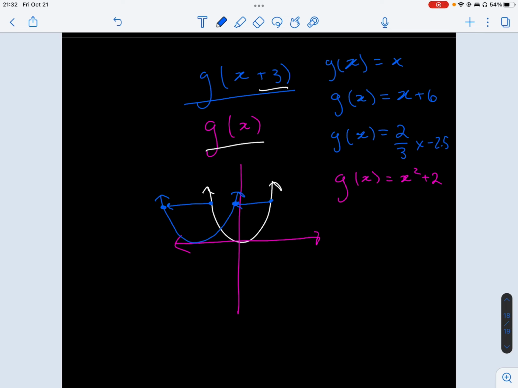That makes it shift to the left, because your new curve acts like the one that's 3 units to the right of it, but it occurs where it actually does, to the left. And so a plus 3 moves you to the left, acting like the curve that's 3 to the right.